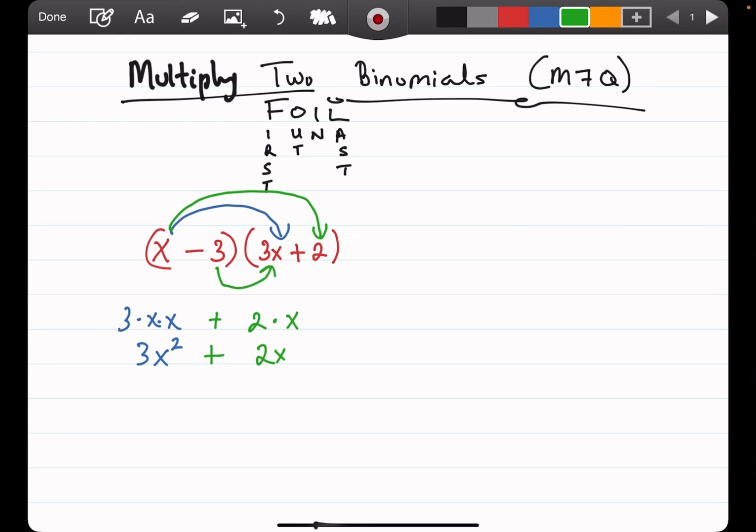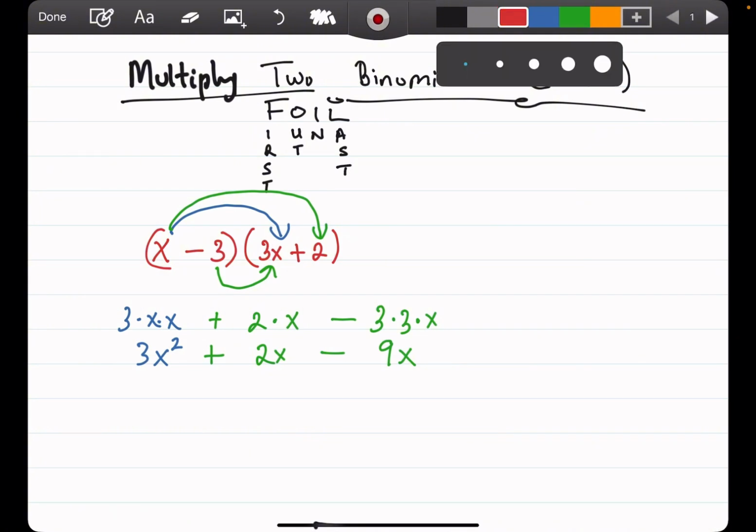The sign in the inside is a minus, and this is 3 times x. Did you see that? That would be minus 9x.